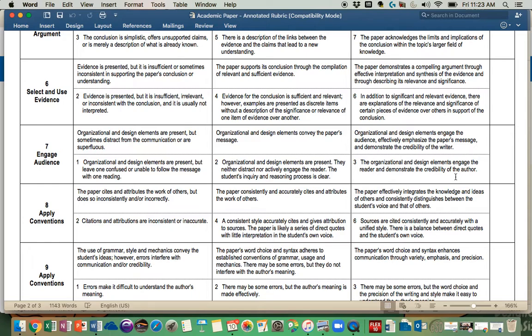Okay, so please go see the 4 and 5 papers that actually accomplish this, and you'll see exactly what I'm talking about. Okay, so a medium score on engaging the audience is that organizational and design elements are present, right? Like you put in a figure, and they neither distract nor engage the reader. It's like, okay, here's this figure, so what? Okay, and then down here, they're present, but you're unable to follow the message within the reading, and that's just what I was talking about.